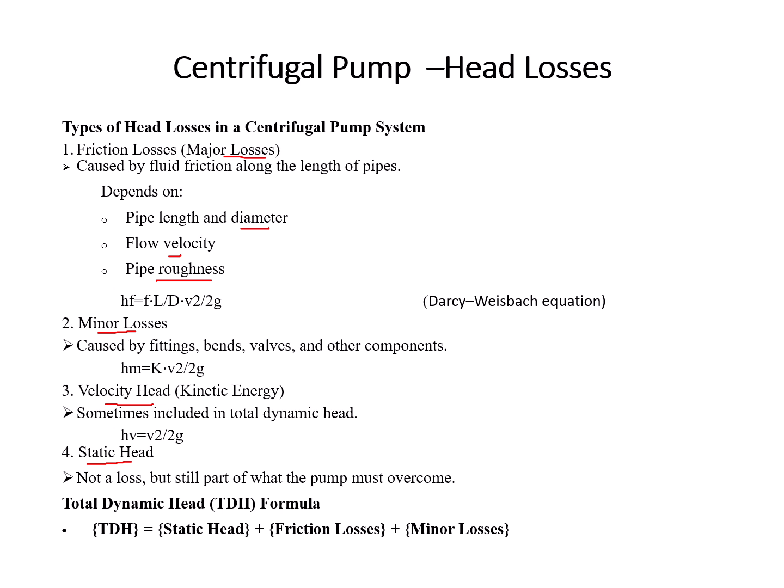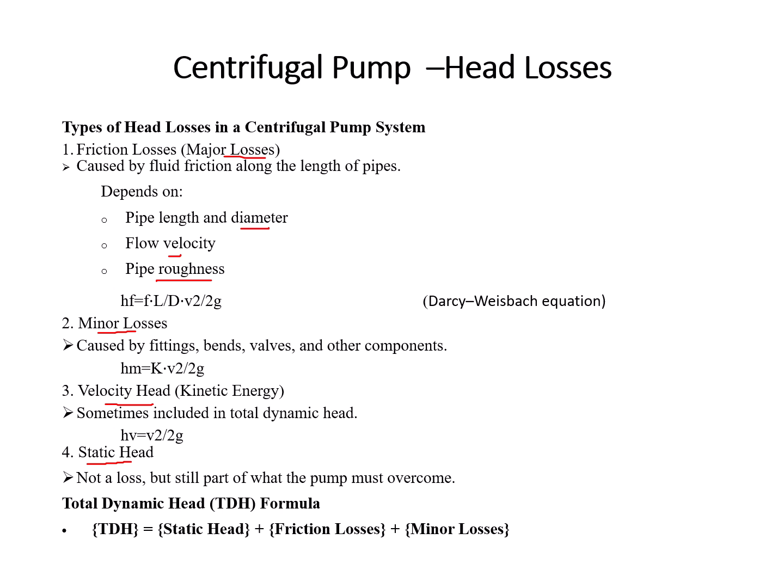And the friction losses are calculated by the Darcy-Weisbach equation. So HF stands for the friction loss head. It is equal to the friction factor multiplied by the length of the pipe divided by the diameter, multiplied by the velocity squared divided by 2 times acceleration due to gravity.